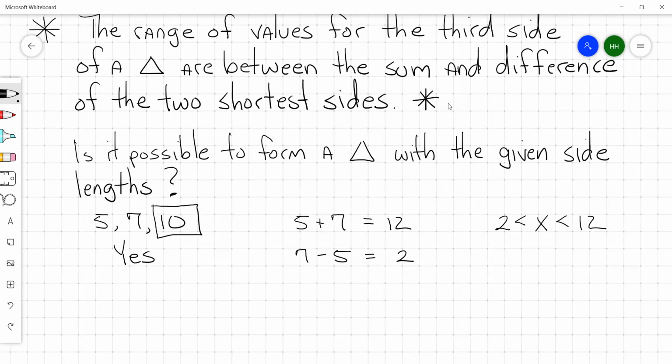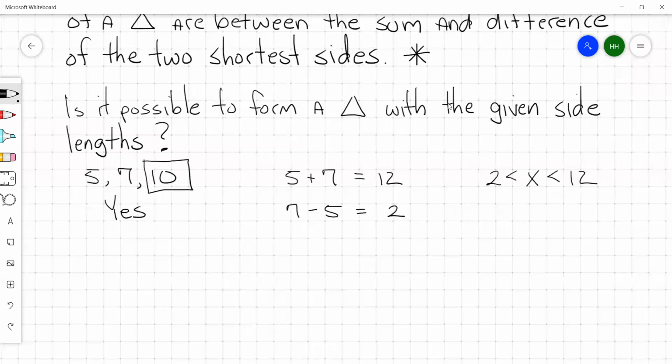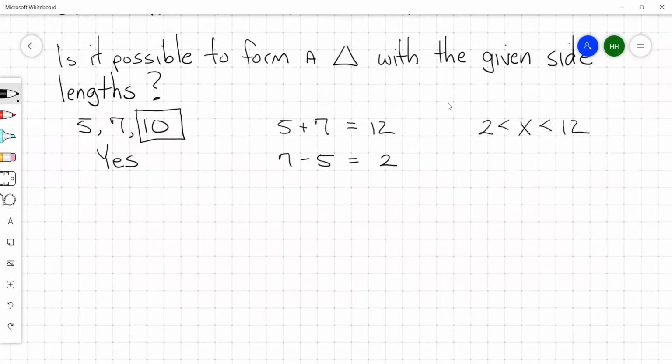You take the two shortest sides, you add them together, and then you subtract them. If the third side is between those two numbers, then those sides could form a triangle. Try it again. We got a 3, 4, and 8. 3 and 4 are your two shortest sides.